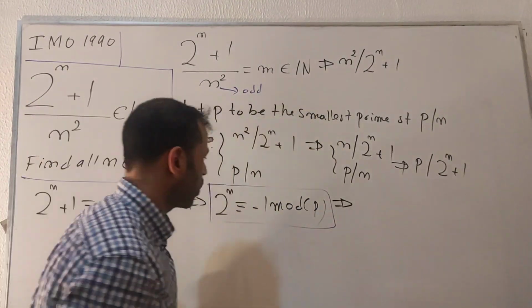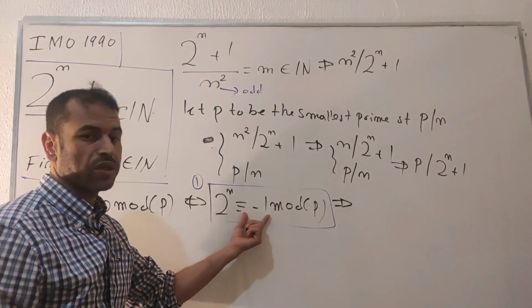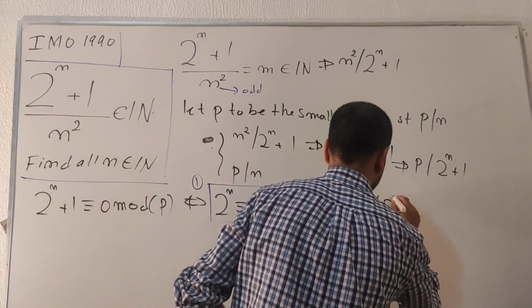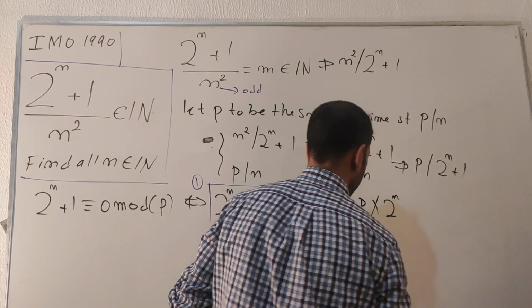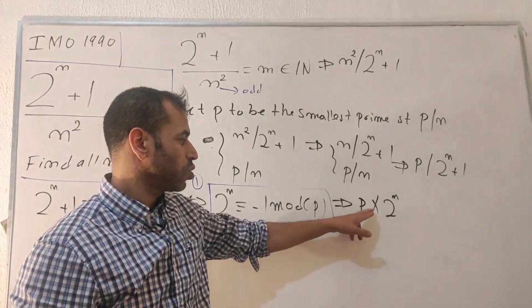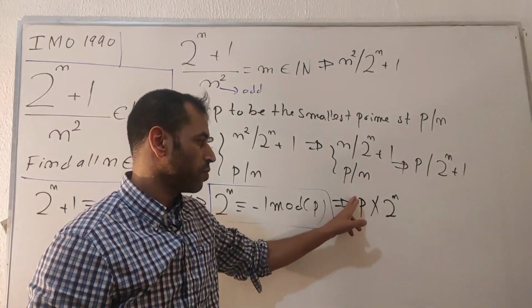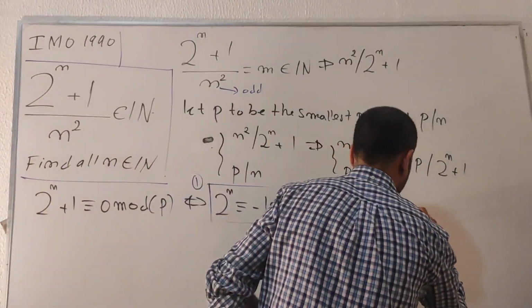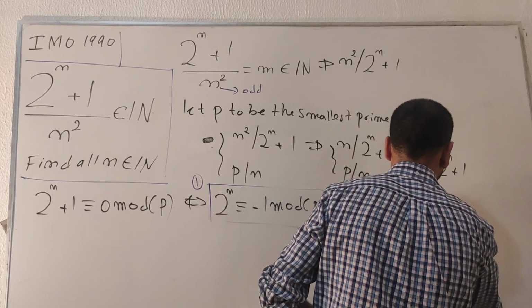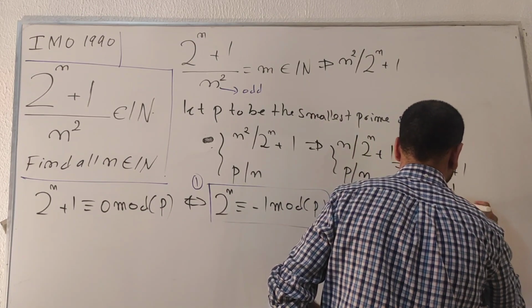The next fact is that p does not divide 2 to the n. So by Fermat's little theorem, we verify this: 2 to the n, all to the p minus number 1, is congruent to 1 mod p.